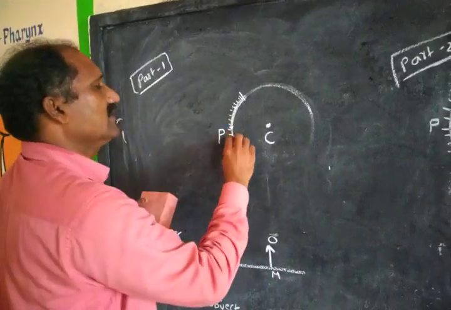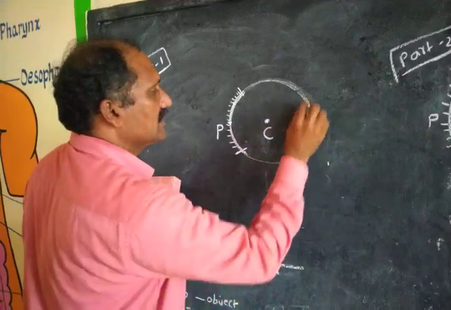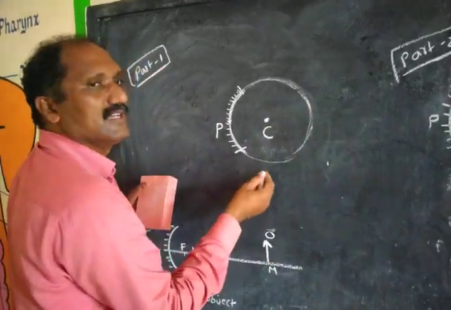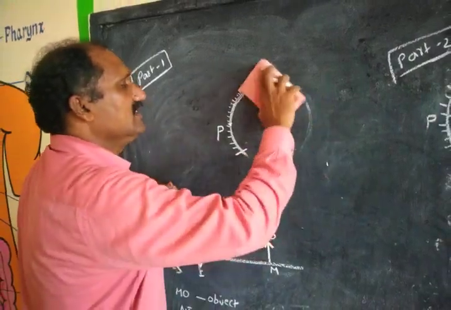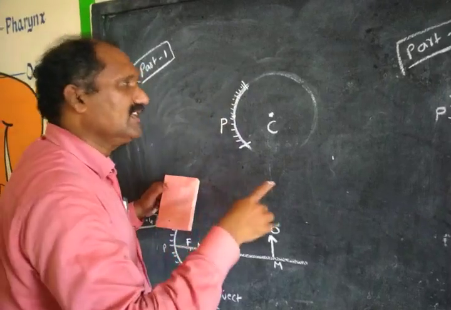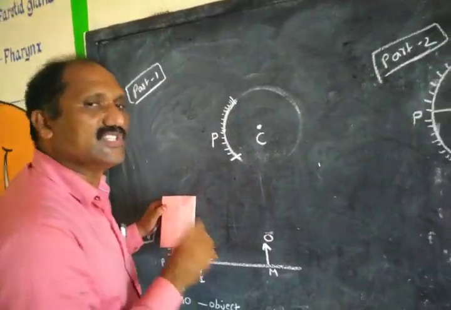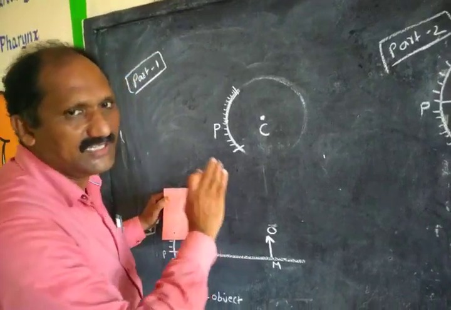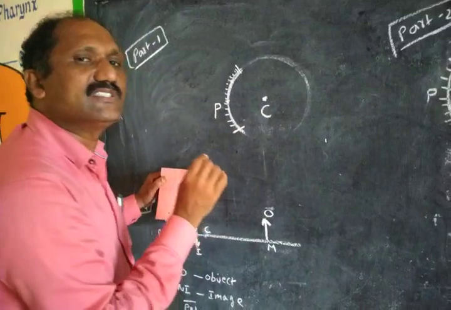When its shape is extended, it makes the sphere. I have taken the 2D diagram, that's why it looks like a circle. The geometrical center of the shape obtained by extending the shape of the spherical mirror is called its center of curvature.